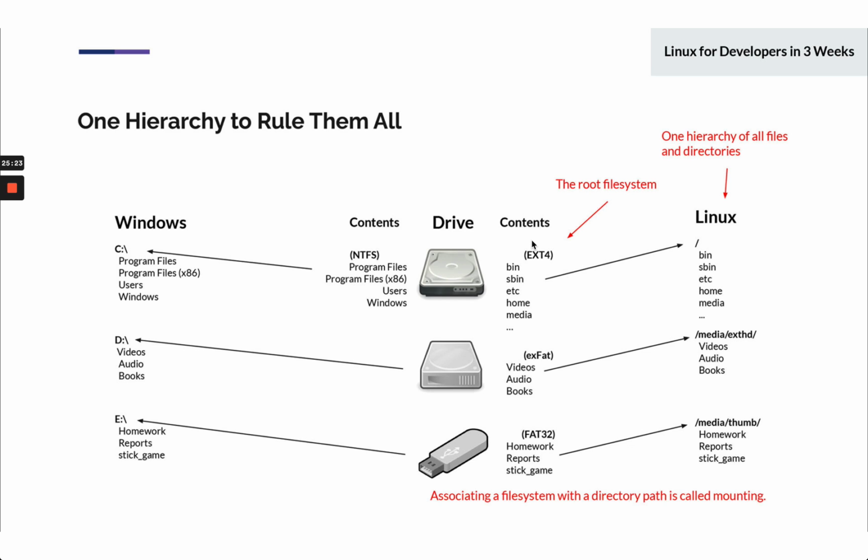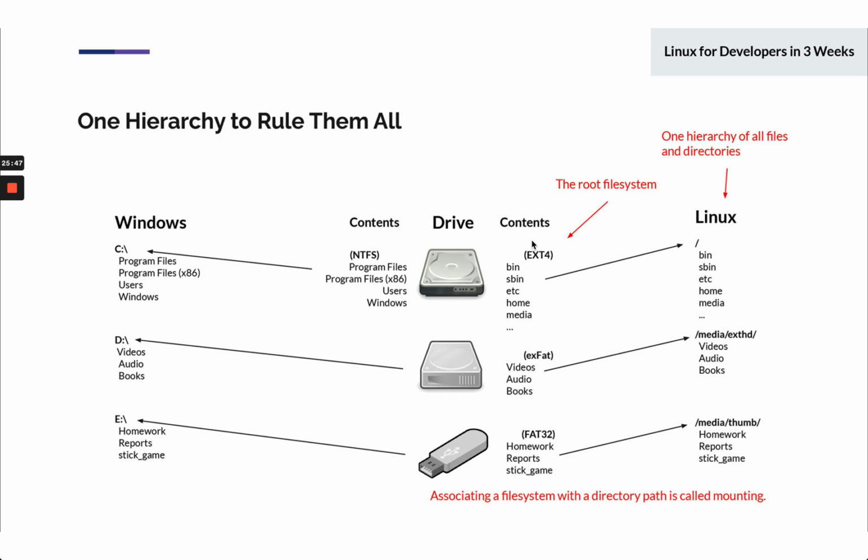When this file system gets attached to or mounted on a directory, the contents of that directory, if there are any, become hidden. They are not deleted. You just don't see them there. You see the file system that's mounted on the directory. So typically, you mount file systems to empty directories. And then lastly, if you have your thumb drive, that would be mounted too.